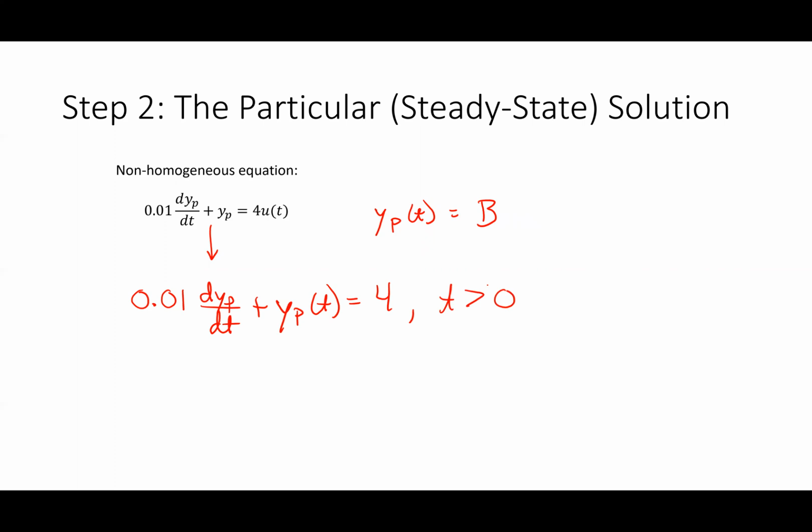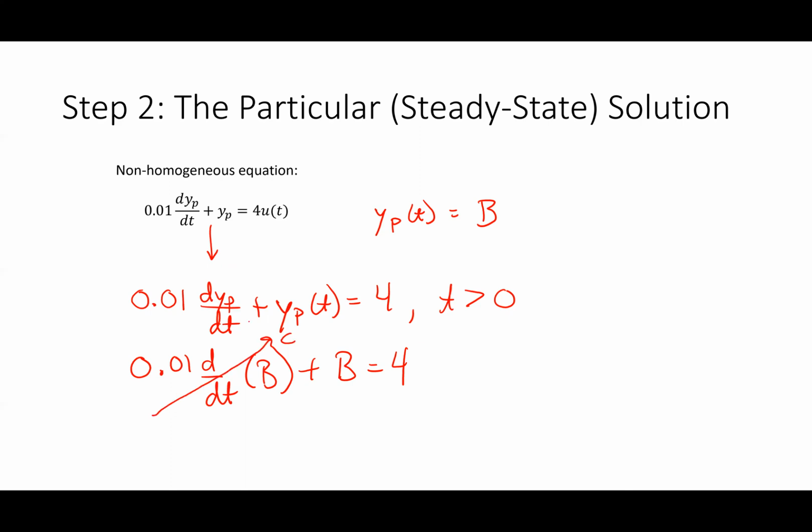So what do I do with this? How do I figure out what b is? Yeah, I sub it in and solve the equation. So I substitute in b, so I say 0.01 times d by dt of b plus b equals 4. What do I know about the derivative of b? I don't know what b is, but I know it's a constant. But the derivative of a constant is 0.